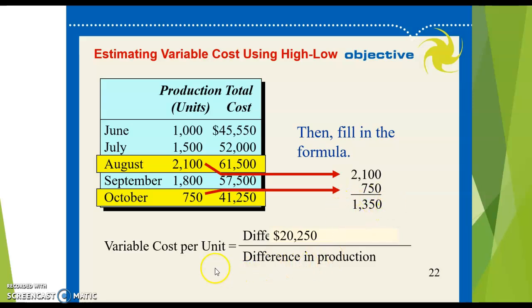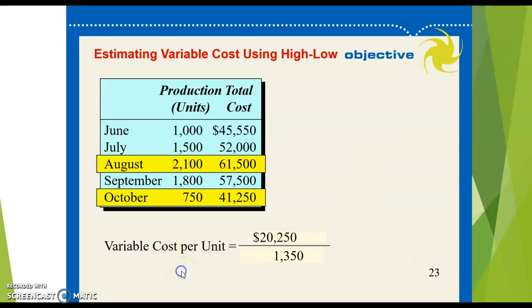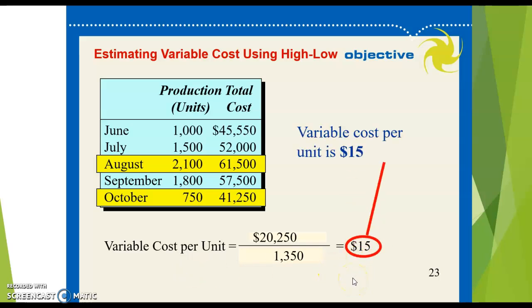And that's now going to go in the denominator. So now we have 20,250 divided by 1,350, and that's going to tell us the variable cost per unit, which turns out to be $15 per unit.